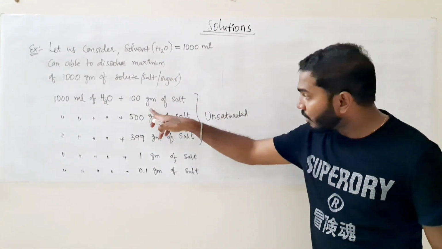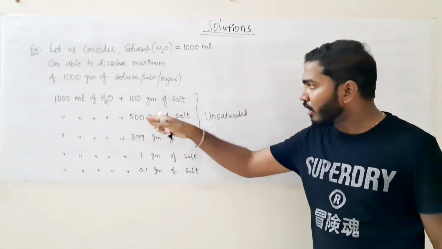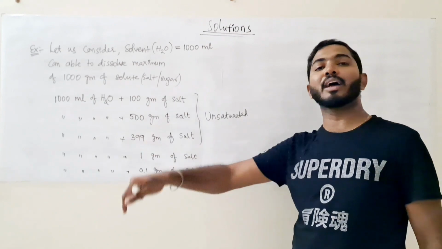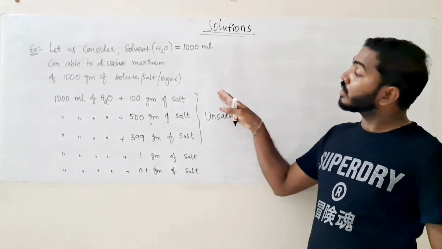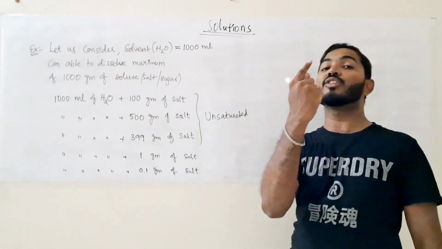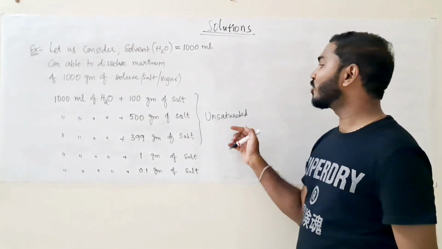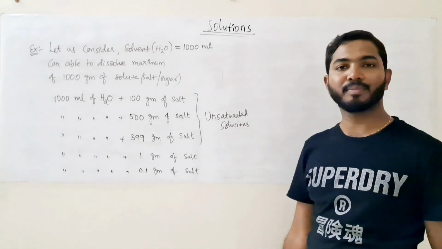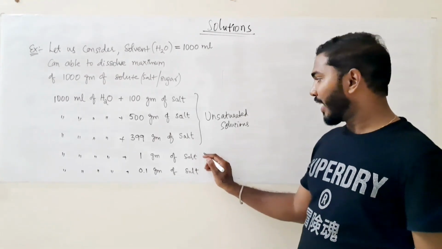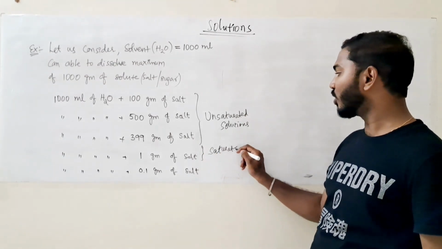But even after the first three experiments, our solution has only 999 grams of solute, so the solvent can still dissolve 1 more gram. Such solutions are called unsaturated solutions. Hope it is clear. Next, the next case is called a saturated solution.